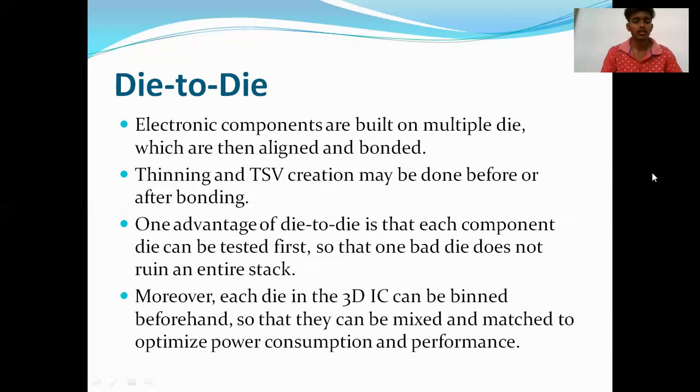One advantage of die to die is that each component die can be tested first, so that one bad die does not ruin the entire stack. Moreover, each die in the 3D IC can be binned before, so that they can be mixed and matched to optimize power consumption and performance.